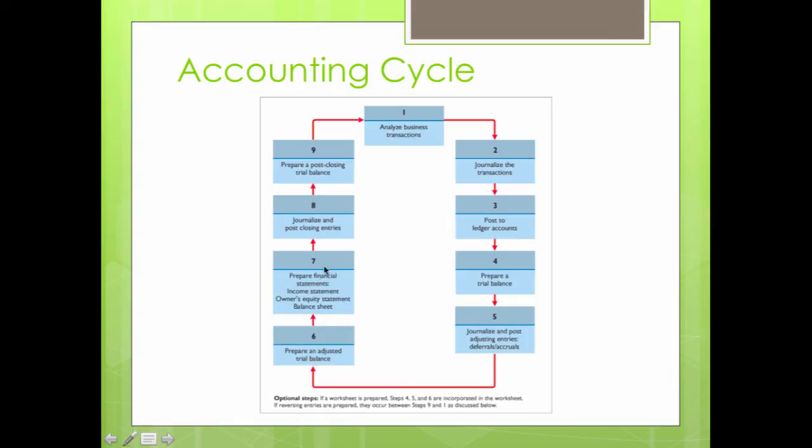You then prepared financial statements, which included the income statement, the owner's equity statement, and the balance sheet. And then the last two steps that you just learned are journalizing the closing entries and preparing a post-closing trial balance to make sure that the debit and the credit side are balanced.